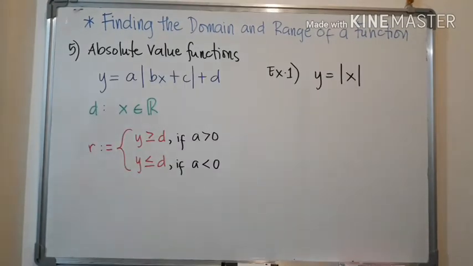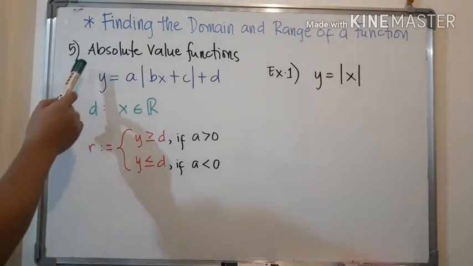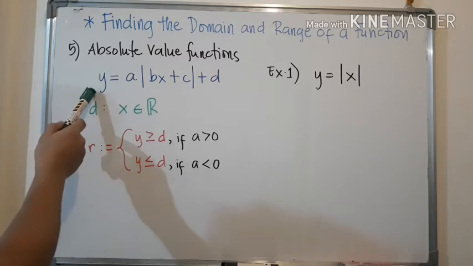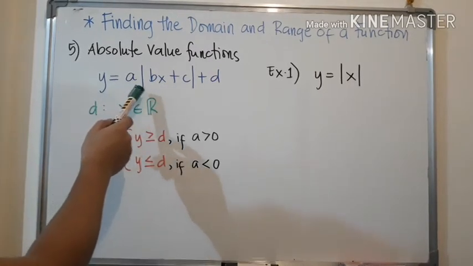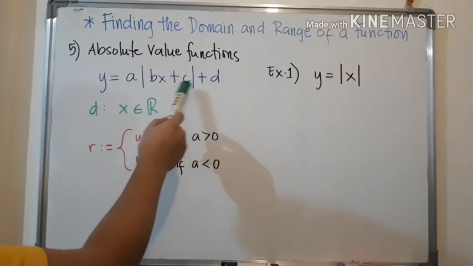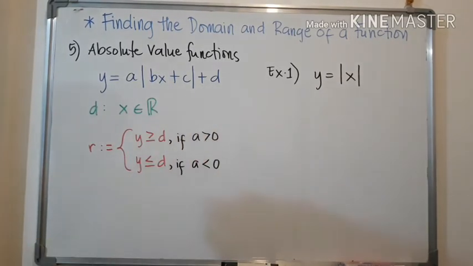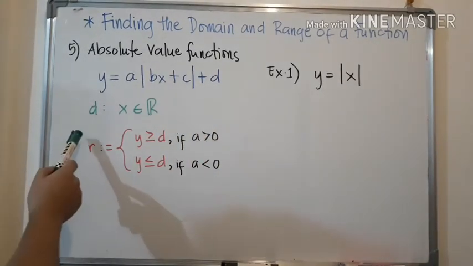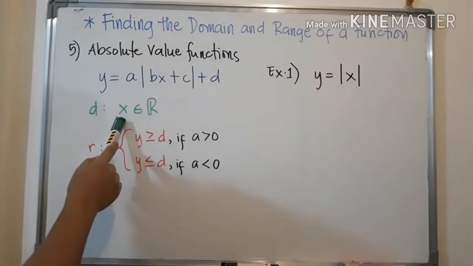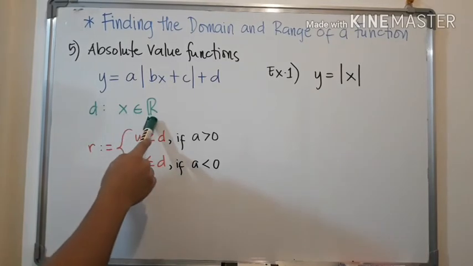Let's have the fifth type of function. We have the absolute value function. The general form is y is equal to a times the absolute value of bx plus c, plus d. So the domain of an absolute value function is the set of all x in the real numbers.